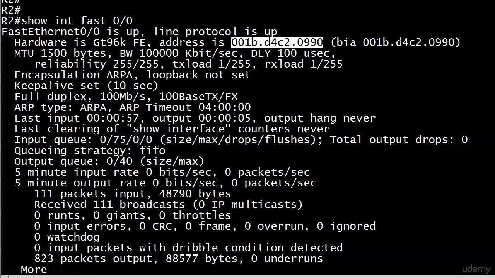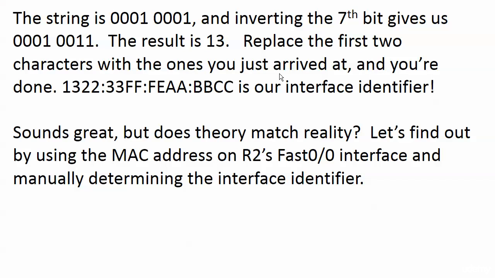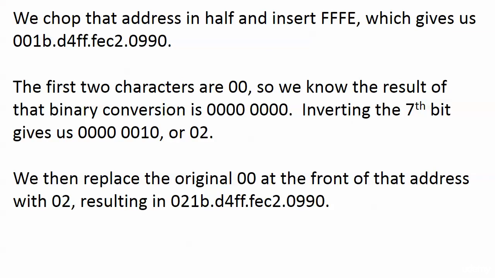So knowing what you know, go ahead and stop the video and come up with what you think the interface identifier is. You're going to need to pause the video because I'm going to rock and roll and keep moving. We chop that address in half, put in FFFE, and that gives us 001B D4FF FEC2 0990. First 2 hex values there are 00.